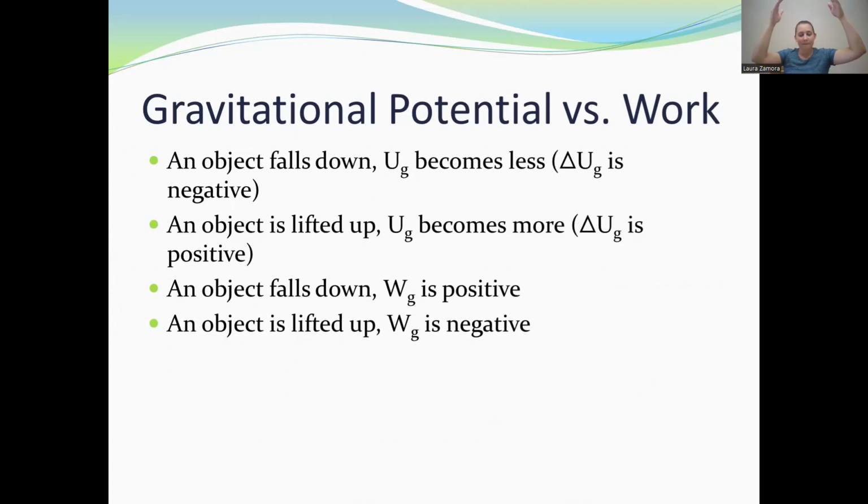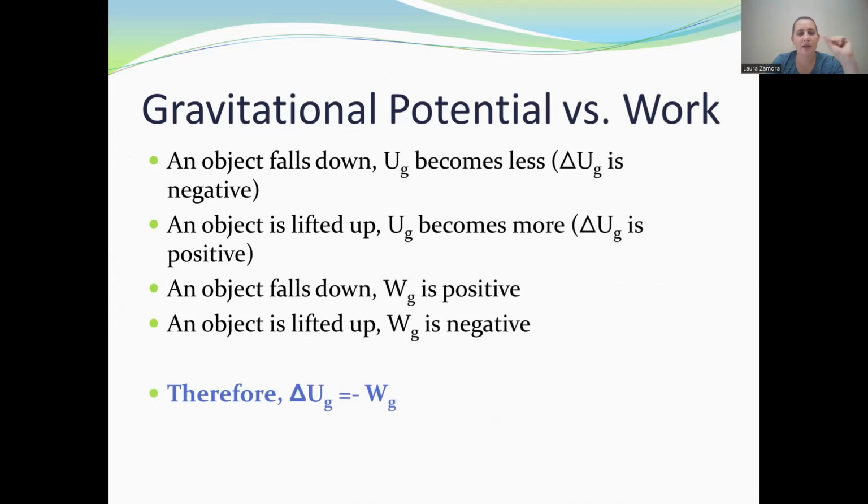When it's falling down, gravity is assisting that fall, so it's positive work. When we're lifting it up, even though the potential energy is becoming more, we're fighting against gravity. And so the work done by gravity is negative. It's not assisting the fall, it's fighting against the fall.